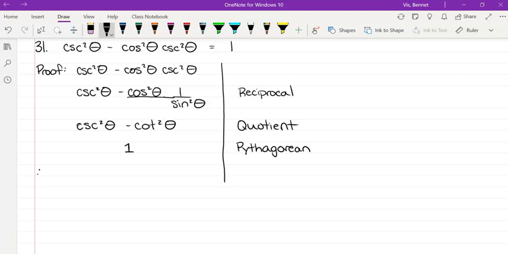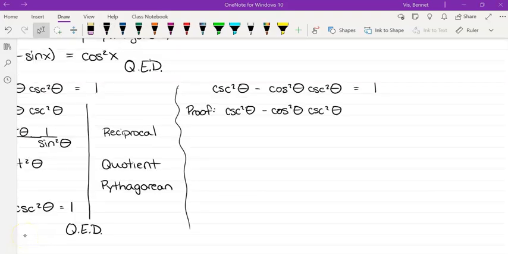I think that's the quickest way to do it. I didn't change this one, I just wanted to match this one, and I knew it was a Pythagorean property from the start because I've been working with those a bunch. So, therefore, cosecant squared theta minus cos squared theta times cosecant squared theta is 1, and that's what I was trying to show. So, there I go.